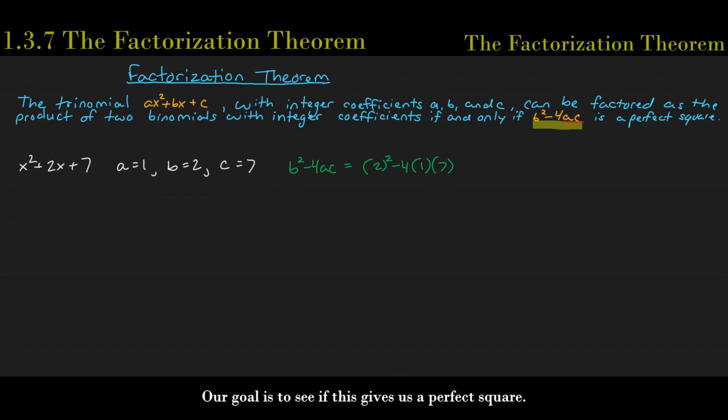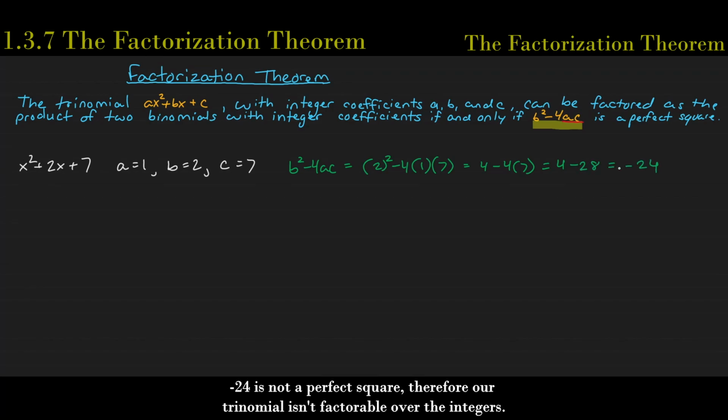Our goal is to see if this gives us a perfect square. We have 4 minus 4 times 7, which equals 4 minus 28, which equals negative 24. Negative 24 is not a perfect square. Therefore, our trinomial isn't factorable over the integers.